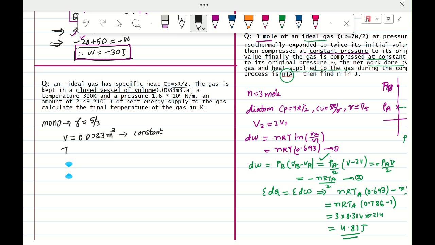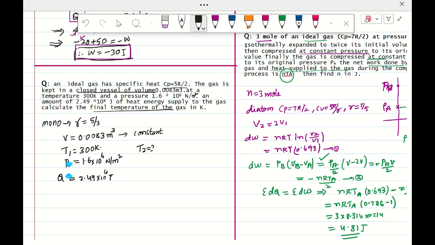At a temperature T1 equal to 300 Kelvin and pressure P equal to 1.6 into 10 to the power of 6 Newton per meter square. The amount of heat energy is also given, Q equal to 2.49 into 10 to the power of 4 joules, applied to the gas. The final temperature is asked, so T2 equals question mark.